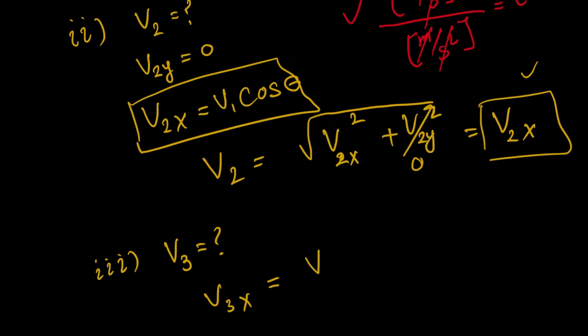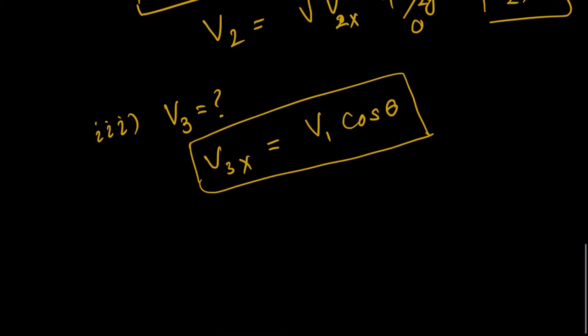So v3x is v1 cosine theta. That one is already done and dealt with. I boxed it. It's not a final answer, but I boxed it to remind us. But we can ask ourselves, what is v3y? What's the y component?